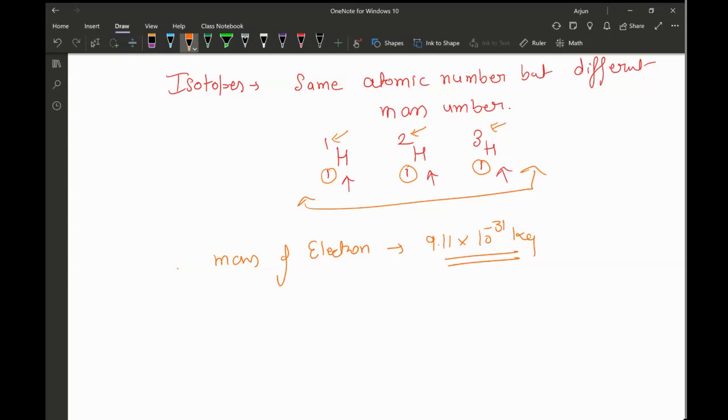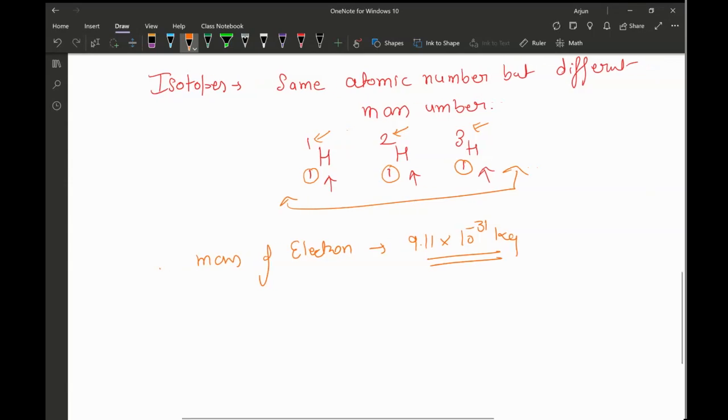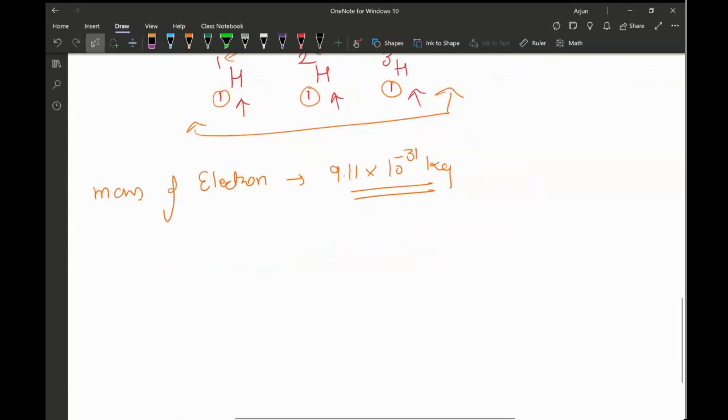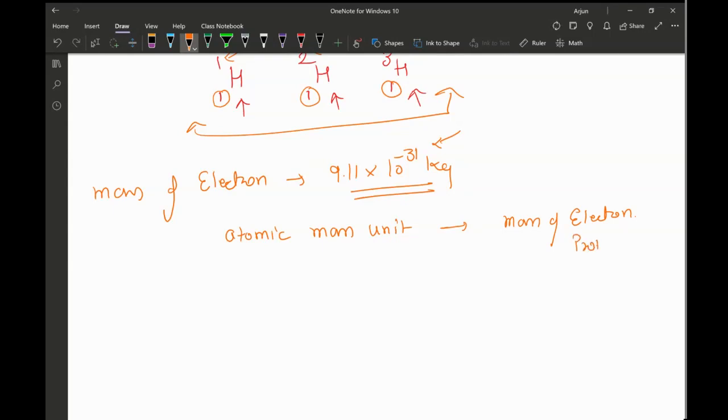So scientists came up with another unit so that they can represent the mass in numbers which don't look that small. So they came up with the atomic mass units to represent the mass of the electron, proton, and neutron.